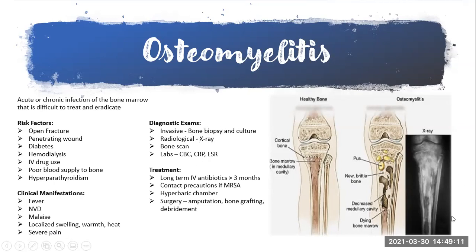It can also be seen, as you can see, on the x-ray. And it requires long-term IV antibiotics. Patients are going to need a central line, PICC line, whatever. This is likely caused by MRSA, but there are other nasty infections, Pseudomonas and other infections that can also cause these infections in the bone.